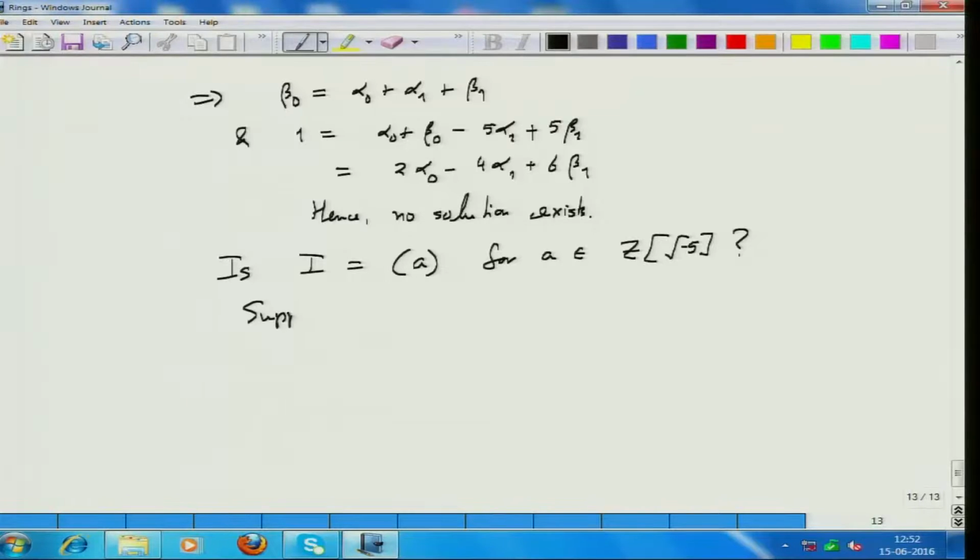Suppose A equals C plus D square root of minus 5. Then one plus square root of minus 5 is C plus D square root of minus 5 times something else, right?